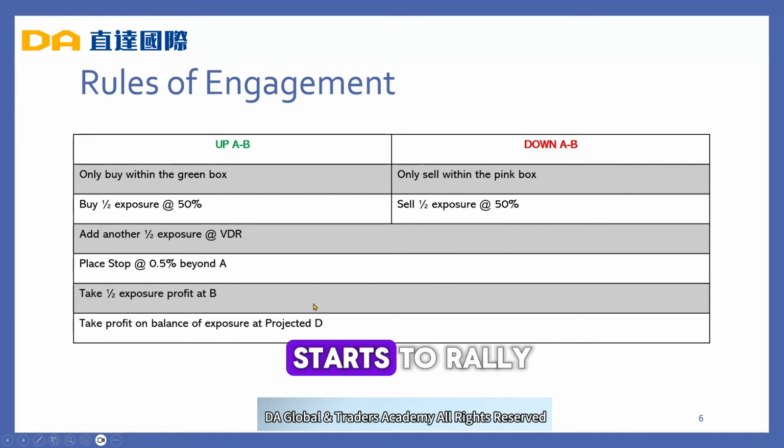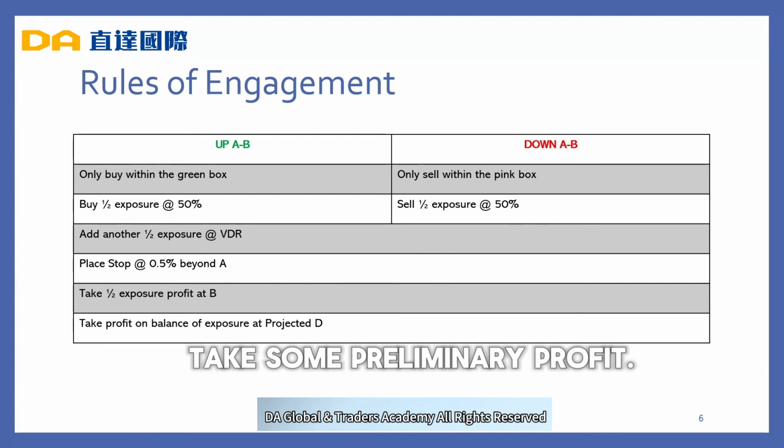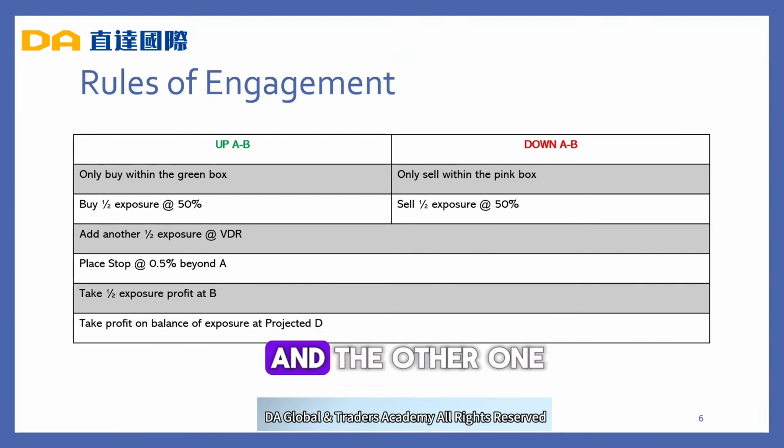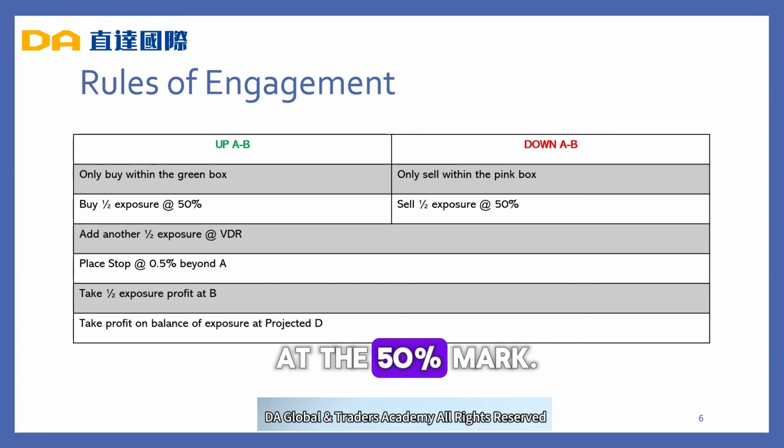And if the market starts to rally without taking me out, then I want to take some preliminary profit. Now, remember, I have two exposures, one at the 50% retracement and the other in the VDR. So between the two, the weaker position is actually the one that I bought at the 50% mark. That means I want to take care of that risk first.